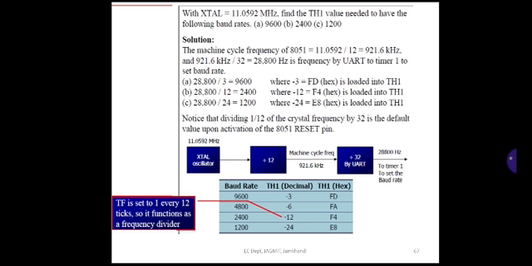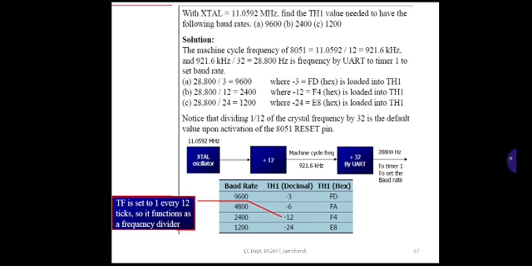Similarly, to get 2400, 28,800 must be divided by 12, so minus 12, which is F4 in hexadecimal, is loaded into the TH1 register. Third one, 28,800 divided by 24 is equal to 1200, so minus 24 means you need to load E8 in hexadecimal into the TH1 register.